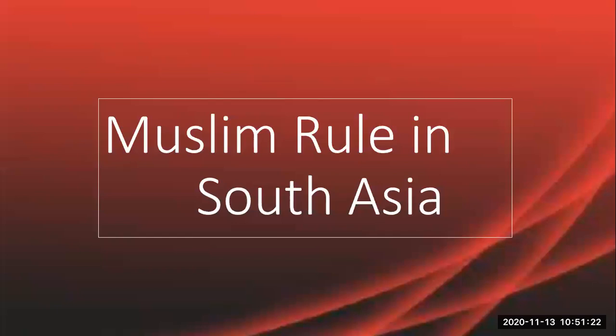Okay, it is generally believed that some pirates had attacked the Arab ships on their way back from Serendip. I hope everybody knows what is Serendip. Okay, we had learnt about it. Serendip is an ancient name of Sri Lanka, right? So what happened?